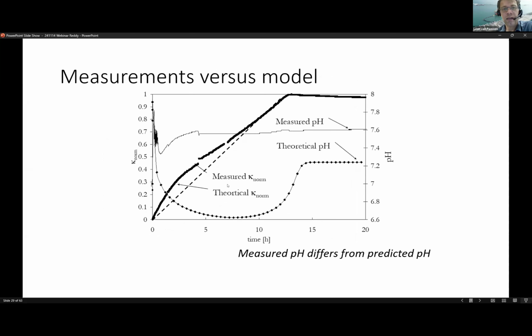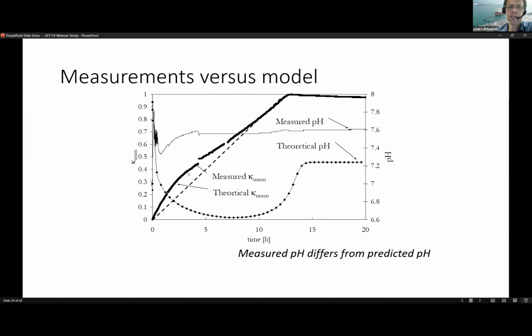Then, well, I had the predictive model, but then I looked at the actual measurements, and I saw that the measurements are really not fitting the simulations in terms of pH, in terms of salinity, which is this K norm or normalized electrical conductivity. You see, I'm almost there.